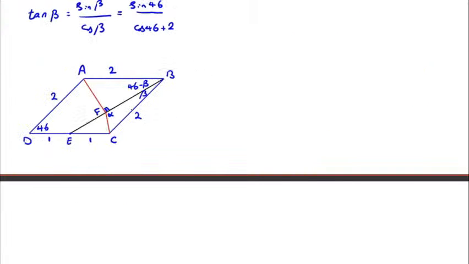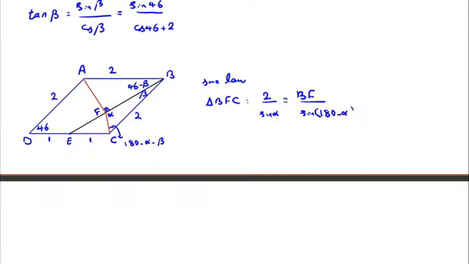Now, we know BF is 2, and this angle is alpha. This angle is also 180 minus alpha minus beta. If we use the sine rule in triangle BFC, I can say 2 over sine alpha equals BF over sine of 180 minus alpha minus beta. As I told you at the beginning of the solution, that will be sine alpha plus beta.